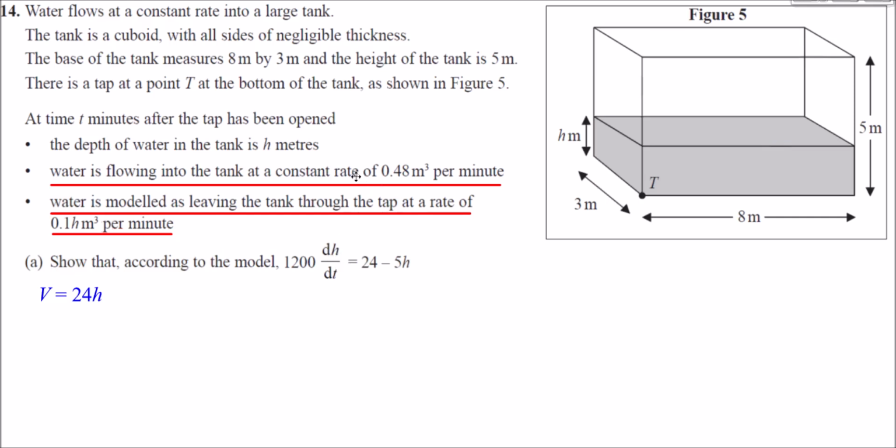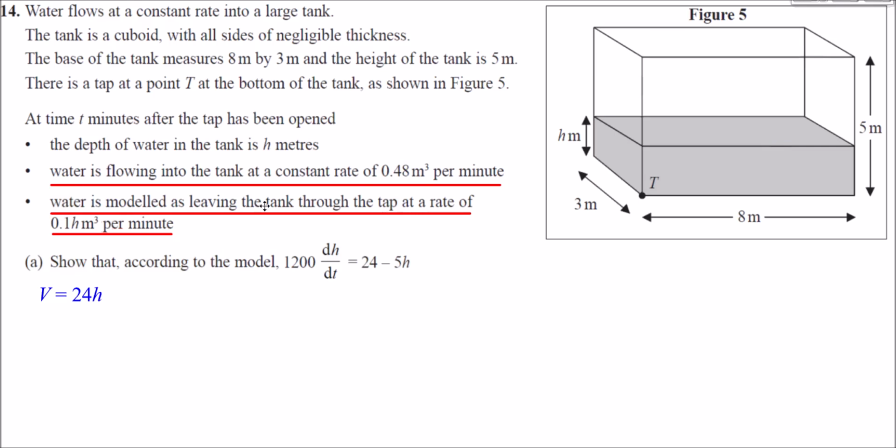Here though, we're talking about volume, aren't we? So this is going to be dv by dt, I mean to say. So dv by dt is going to be plus 0.48 because it's increasing by 0.48 cubic meters per minute.